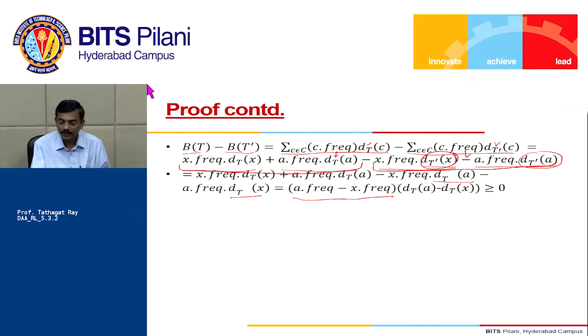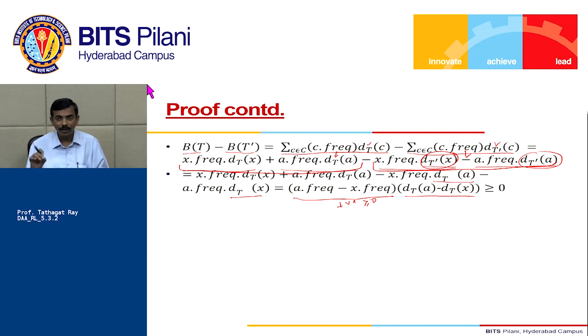Why is this greater than or equal to 0? Remember, x is the lowest frequency character, so definitely its frequency is lower than A's. So this quantity is positive, or greater than or equal to 0. What about depth of A in T minus depth of x in T?